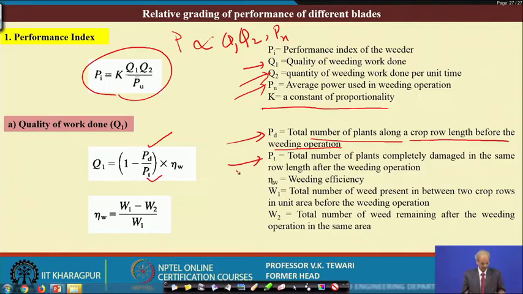Now, I must tell you at this point that this damage could be superficial damage, wherein it will appear that the plant has got cut here and there, but over a period of time it may recuperate and may not lead to yield loss, and that is called superficial damage.